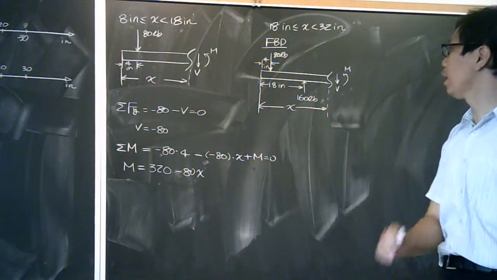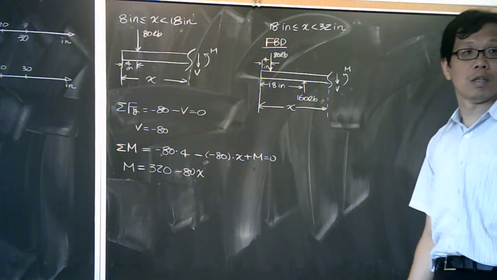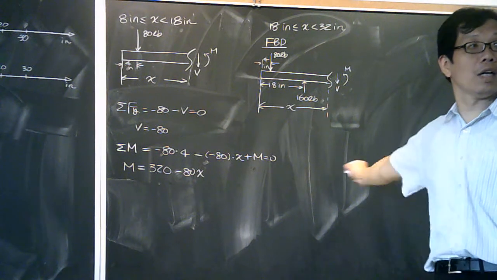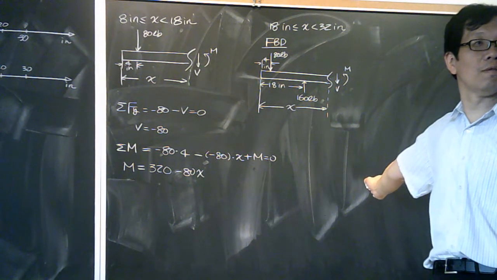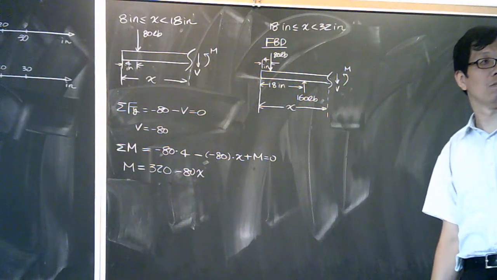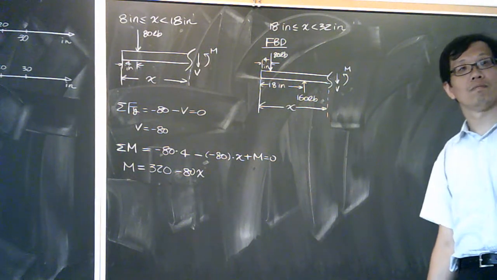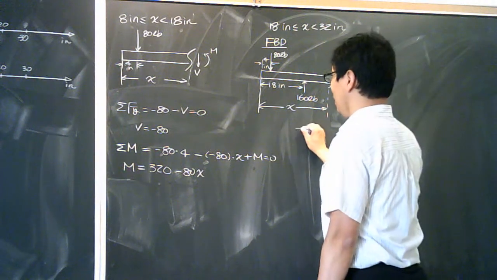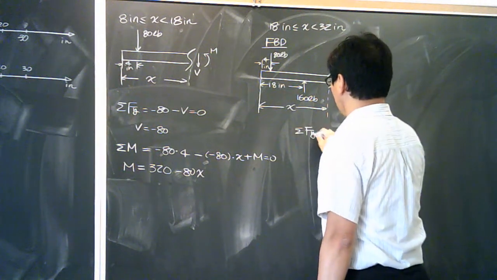So this is the free body diagram I need to deal with. Any question over here? Is that clear? Everybody understand what I'm doing? No? Okay, then we start to write down our equations.